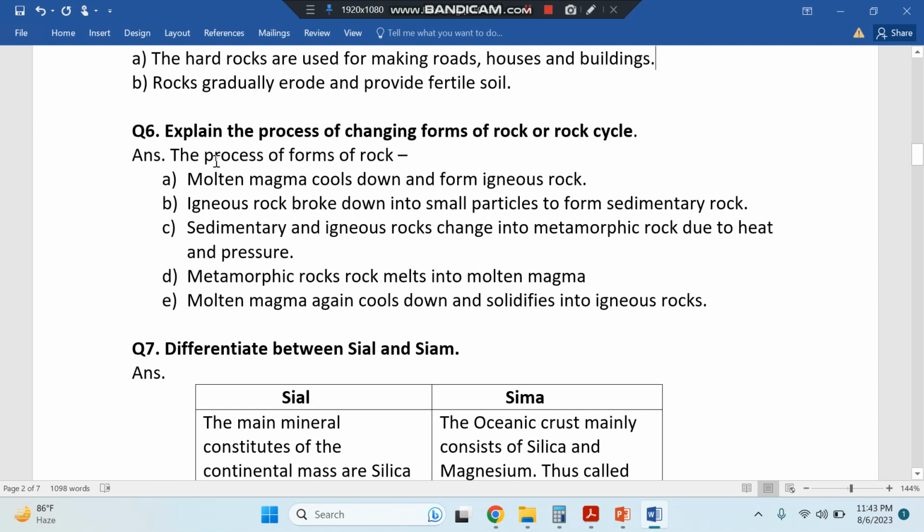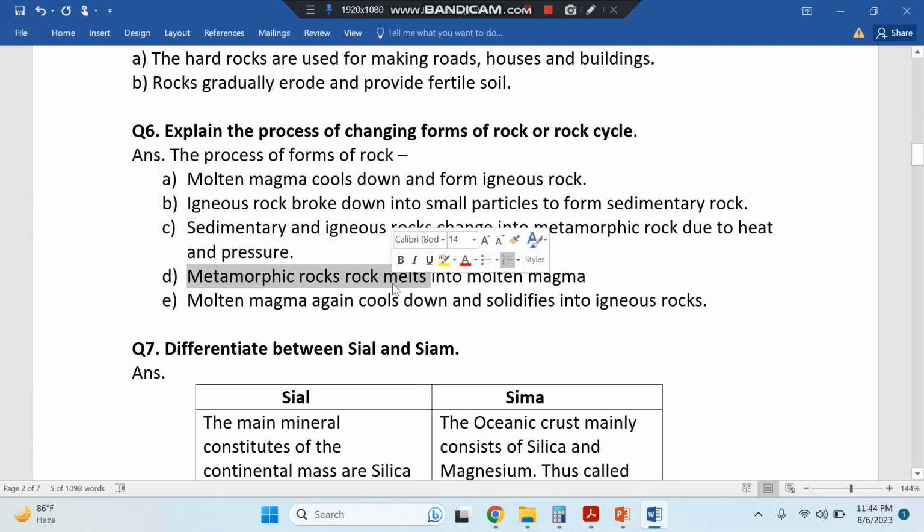The sixth question is about the rock cycle. So how does the cycle work? Molten magma comes out and forms igneous rocks. These igneous rocks break down gradually over time and turn into sediments. When these sediments get hardened and compressed, they form sedimentary rocks. Sedimentary and igneous rocks further change into metamorphic rocks under heat and pressure.